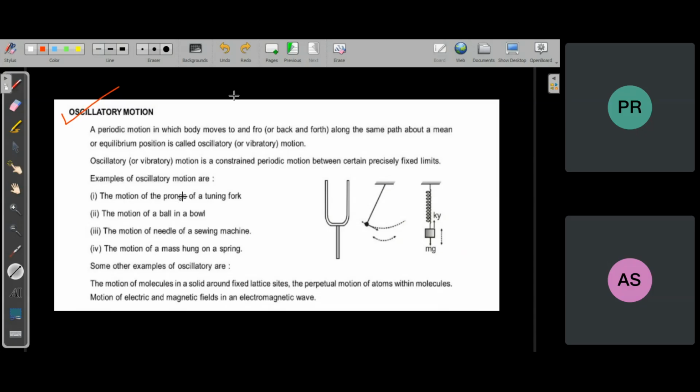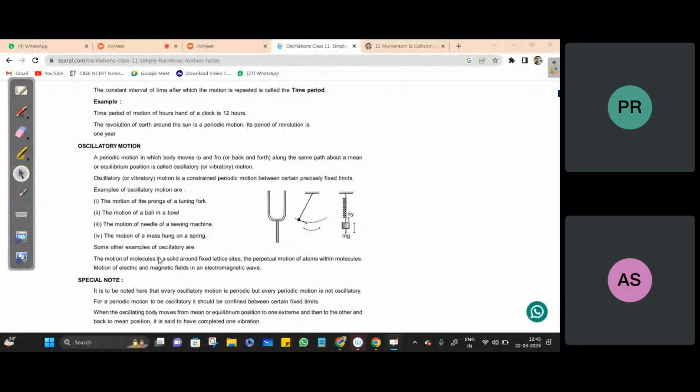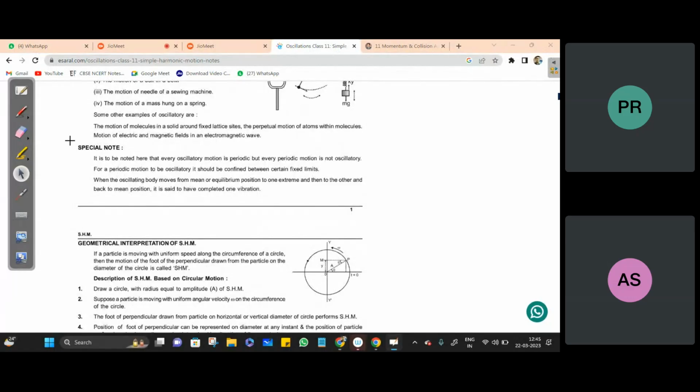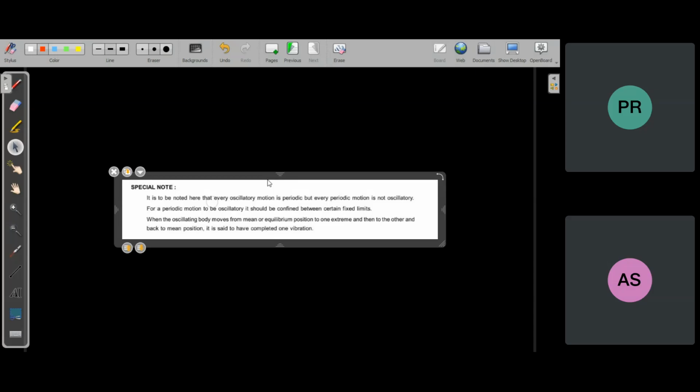So in oscillatory motion, the most important thing is that the body should move to and fro, back and forth. Another thing is that oscillatory motion is also periodic, but all oscillatory motion will be periodic, while all periodic motion will not be oscillatory, because there can be different types of periodic motion.